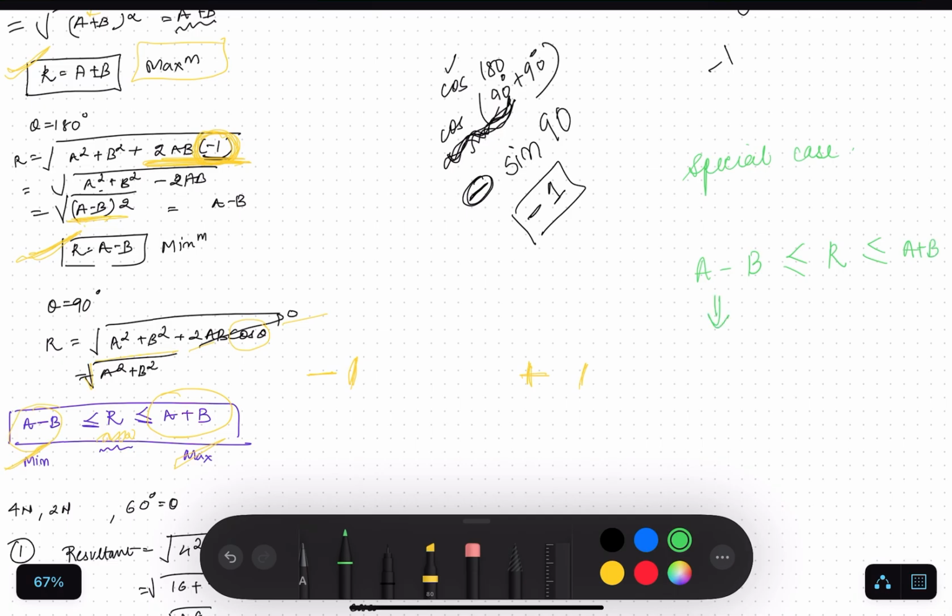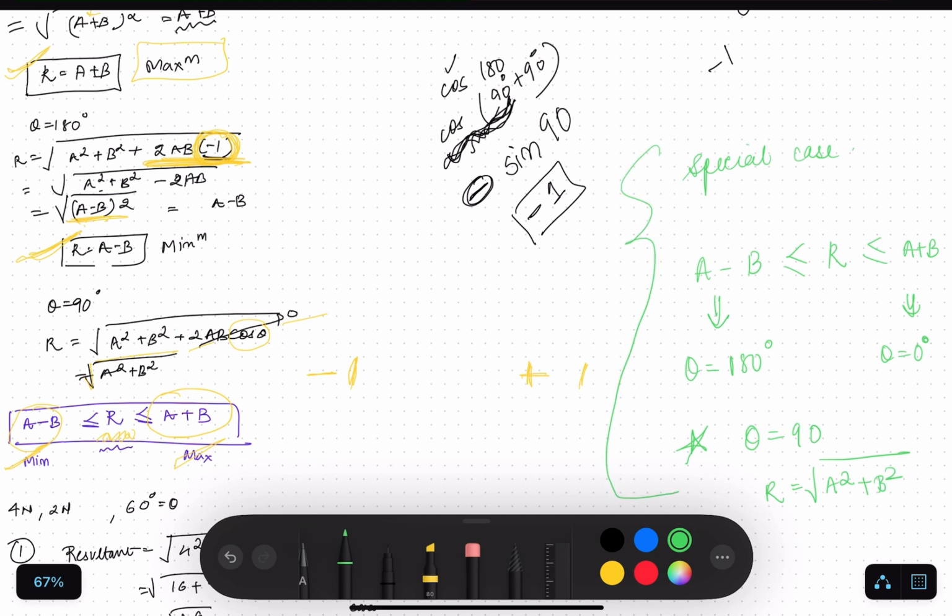You point out this and you will say theta is equal to 180 degrees. Here you will say theta is equal to 0 degrees, and here you will mark a star: when theta is equal to 90 degrees, resultant is equal to the square root of a square plus b square. Okay, you will write this much in your notes copy.